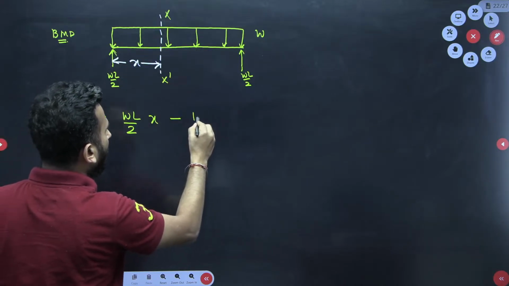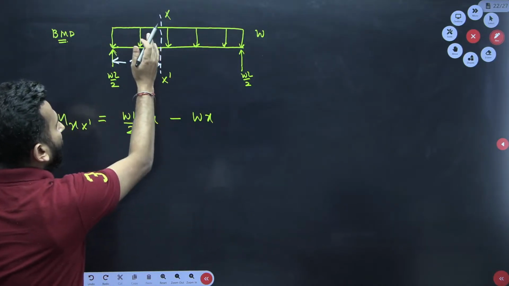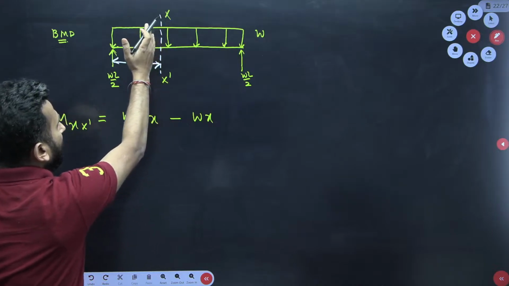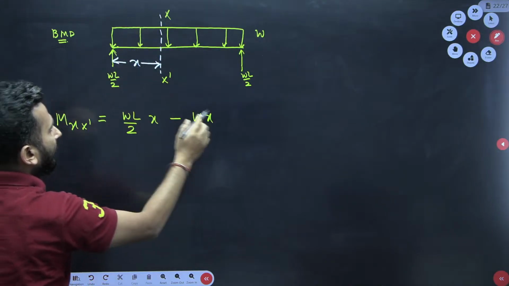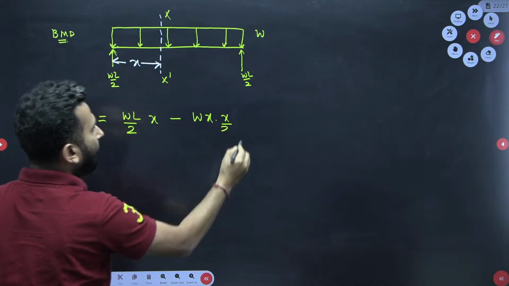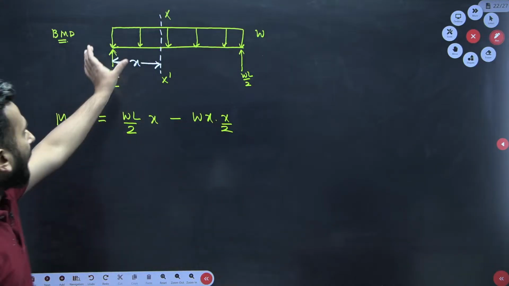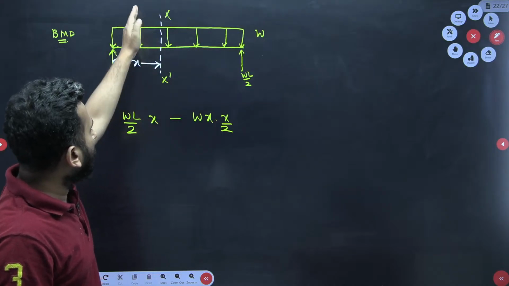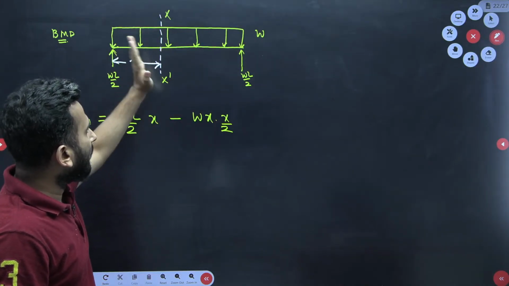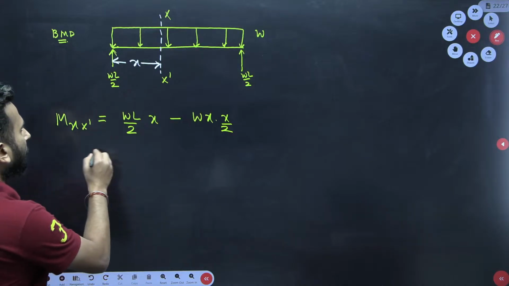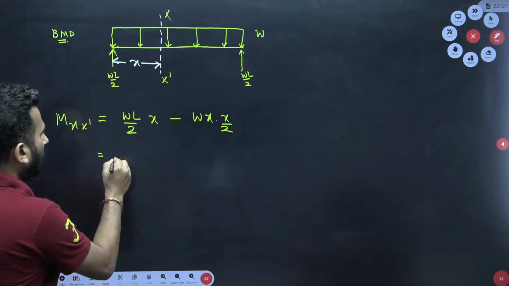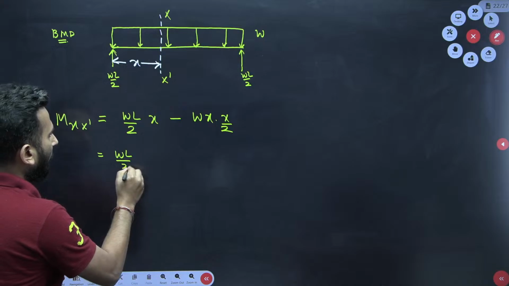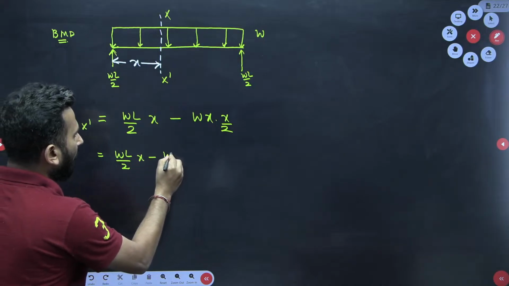It is W into x. And if I have to take the moment at xx dash, what is the centroid for x? Centroid for x is x by 2. So first the magnitude of distributed loading till x, Wx, into the distance, which is acting at the centroid x by 2 from the section. So WL by 2 into x minus Wx square by 2.